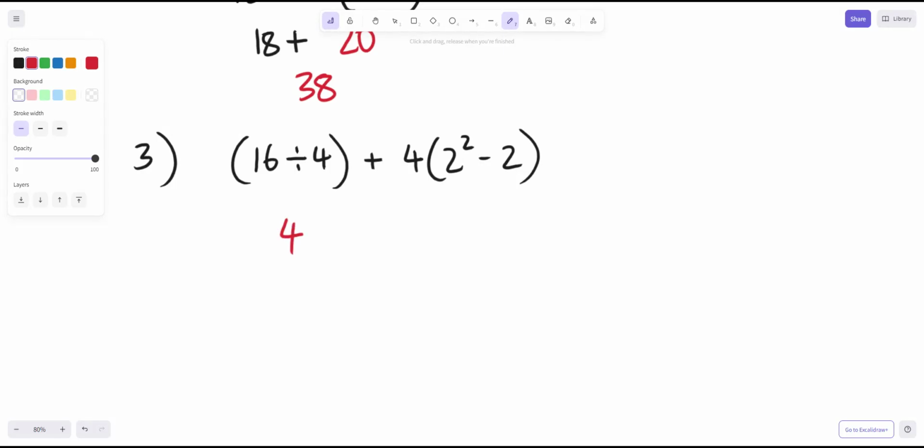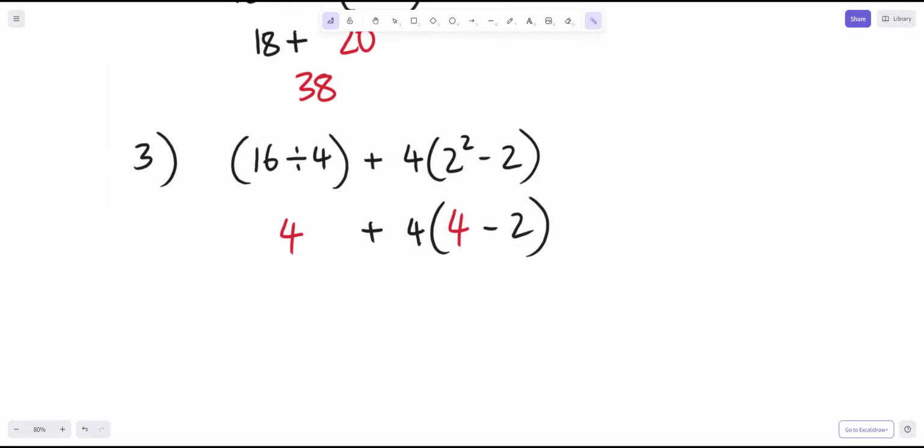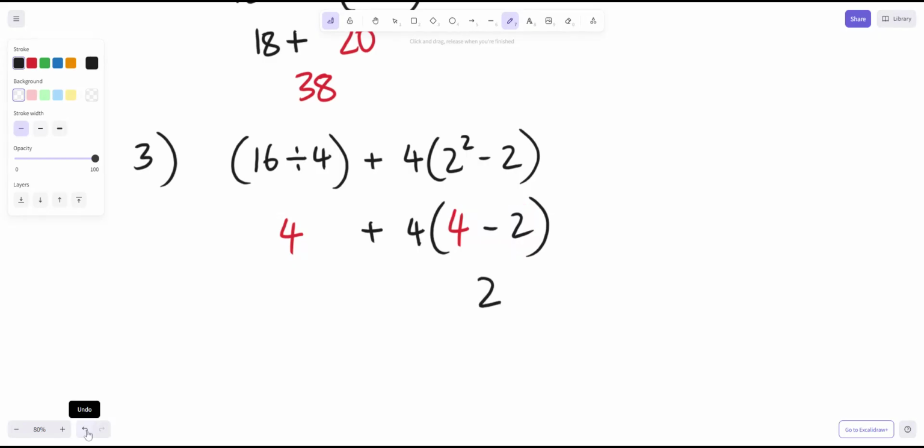In the right parentheses, there's an exponent and a subtraction, so I'm going to do the exponent. So that's also going to be 4. So plus 4 times 4 minus 2. And then next I do the subtraction inside the right parentheses. 4 minus 2 is 2.